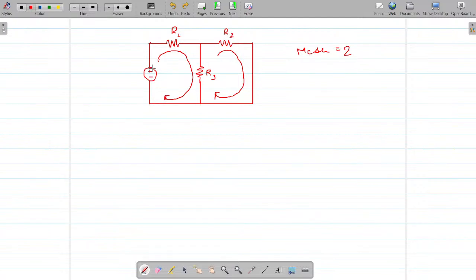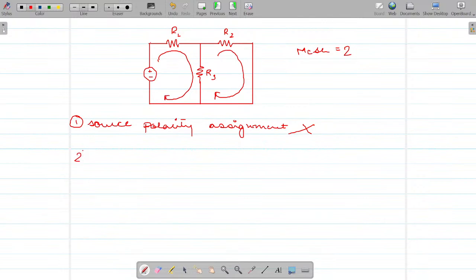The first thing you need to notice is that the source is not assigned any polarity, because it is already defined in your network.